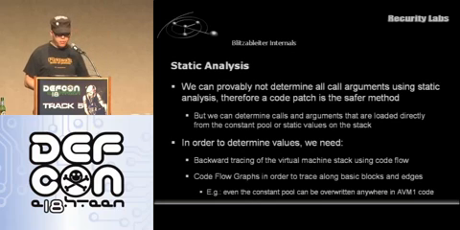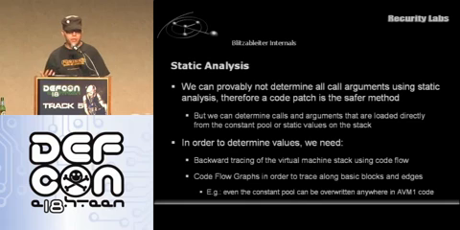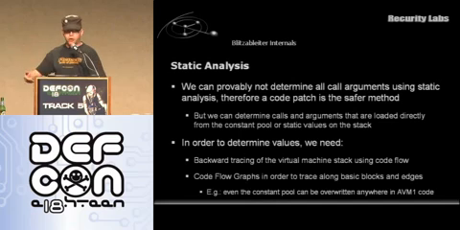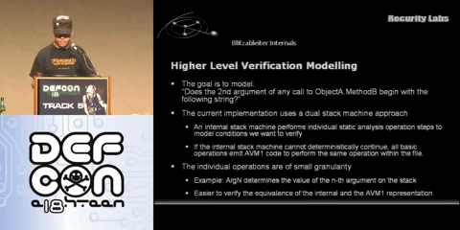In order to determine the values, we actually need to obtain a code flow graph as well, because of course the constant pool is not part of the file format, but it is another instruction. So since the constant pool creation is an instruction, you can actually overwrite your own constant pool in your own code. So we actually have to do a complete code flow analysis in order to figure out which constant pool currently is on.